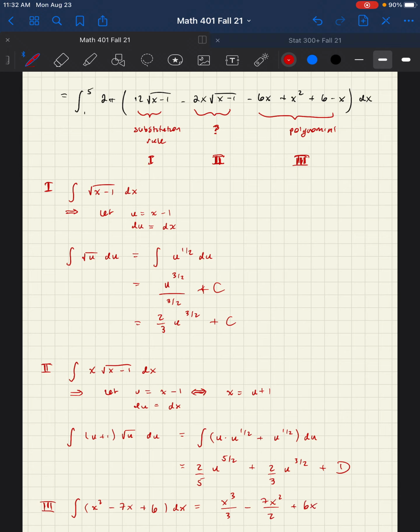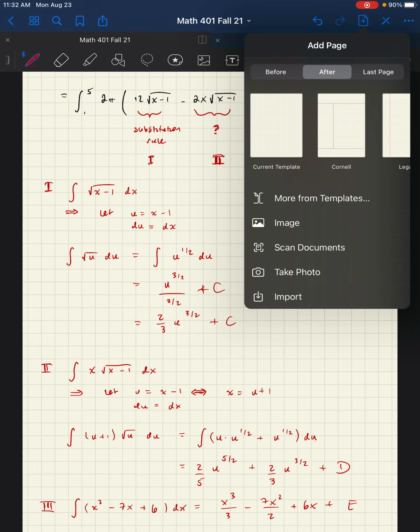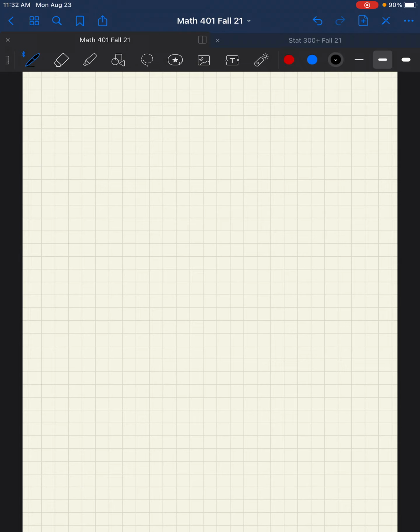And that's going to be x cubed over 3 minus 7x squared over 2 plus 6x plus some other constant of integration that, again, we do not care about. All right, it's time to put it all together.